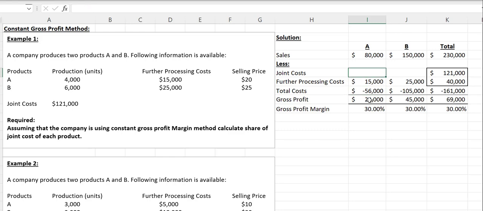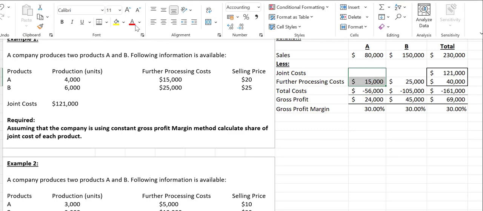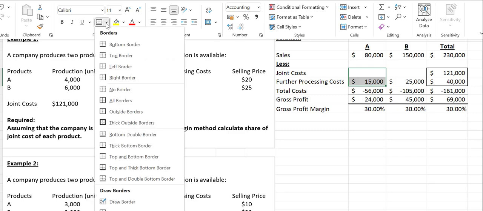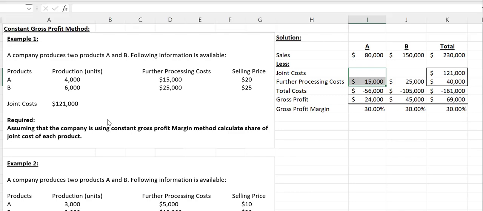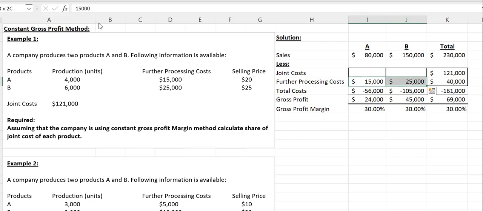That's the total cost. Now we know that total cost consists of two types of costs: the share of joint cost and further processing cost. Since we already know the further processing cost, we can now easily find the share of joint cost.